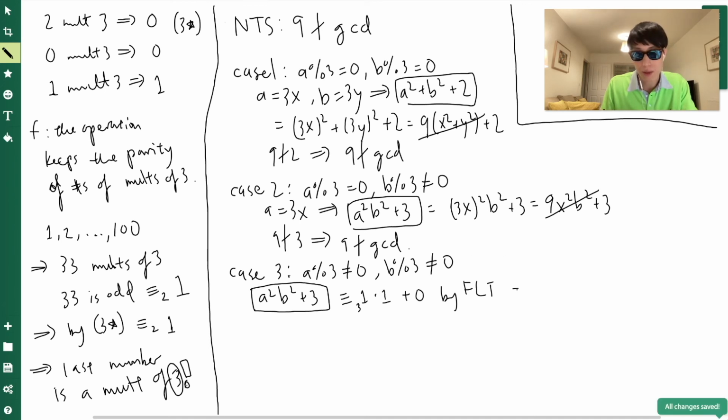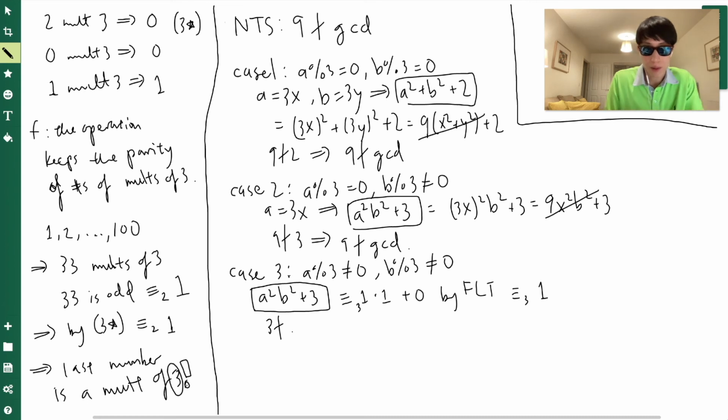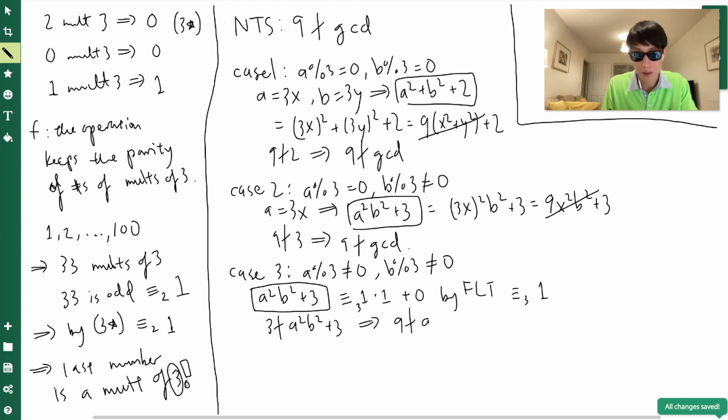So that's going to be congruent to 1 mod 3, which tells us 3 does not divide this second function here. 3 does not divide a squared b squared plus 3, and of course that means also that 9 cannot divide the second function.